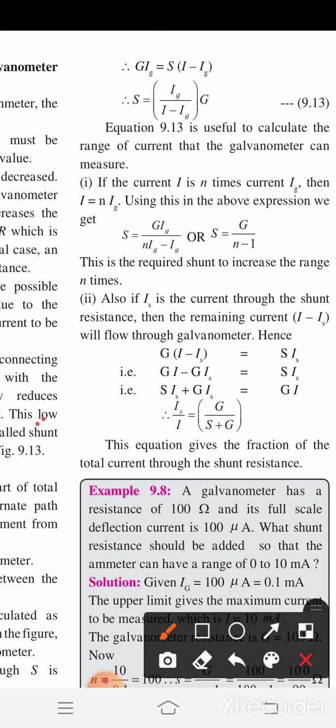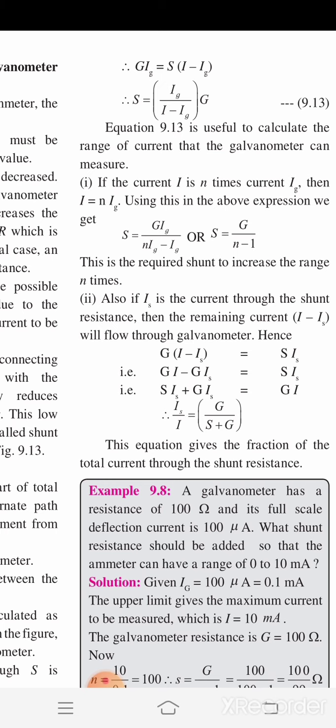Hence, G into I minus Is is equal to S Is, that is G I minus G Is is equal to S Is, that is S Is plus G Is is equal to G I. Therefore, Is upon I is equal to G upon S plus G, where Is is the current through the shunt, I is the total current, G is the resistance of the galvanometer, and S is the shunt resistor. This equation gives the fraction of total current through the shunt resistance.